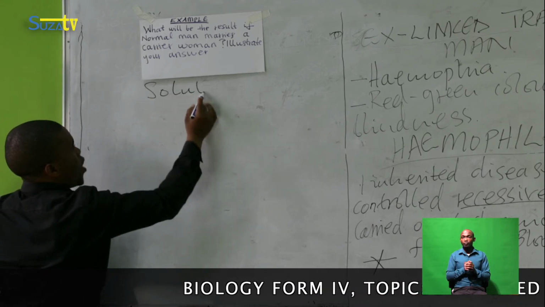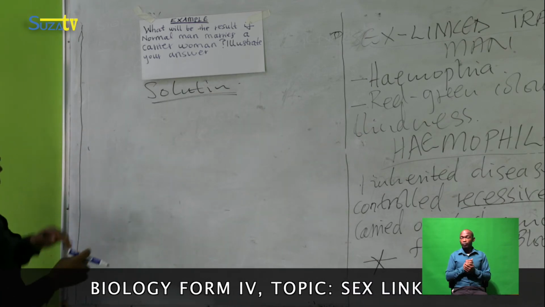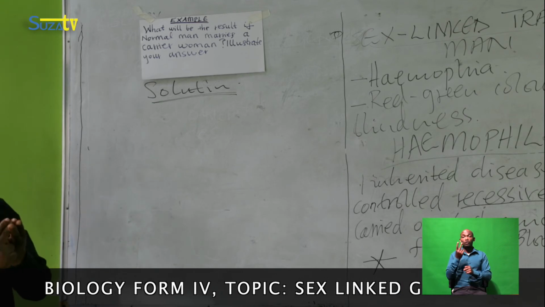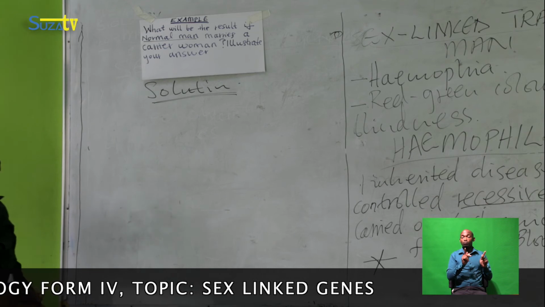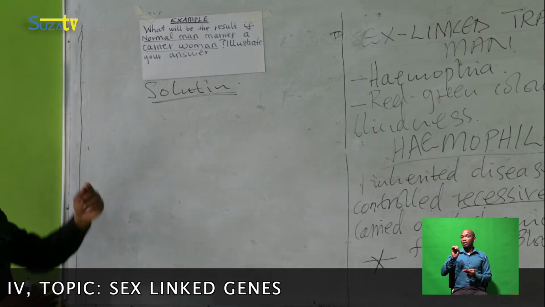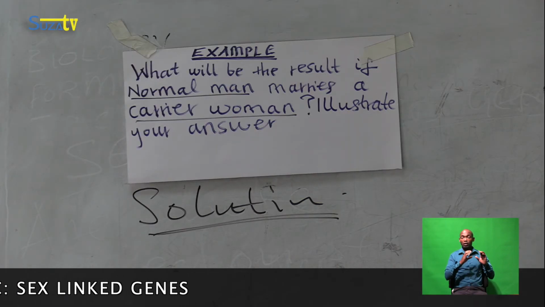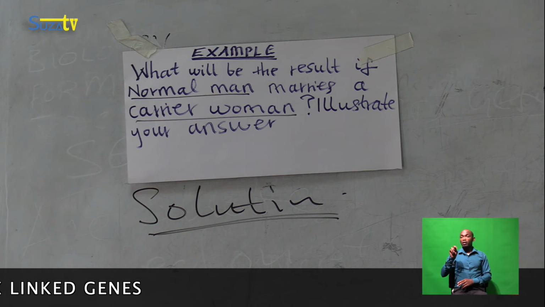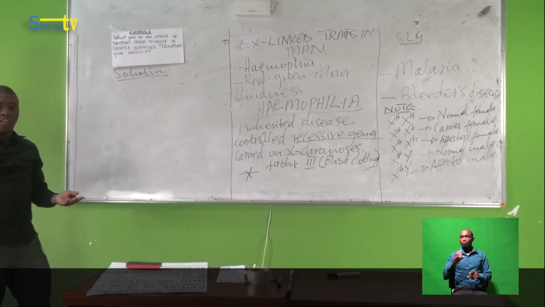I'm starting by writing the solution. Here we have two kinds of person: a normal man, and a carrier woman. The normal man marries a carrier, and we want to know the state of their daughter: will she be normal, carrier, or affected?